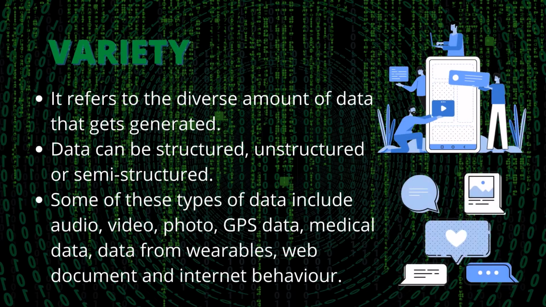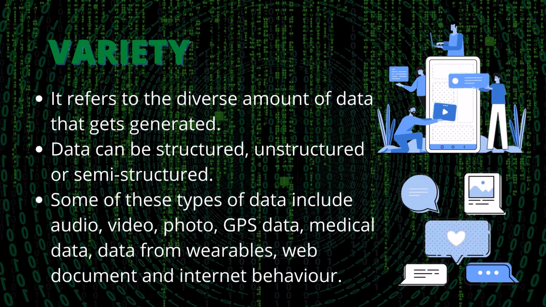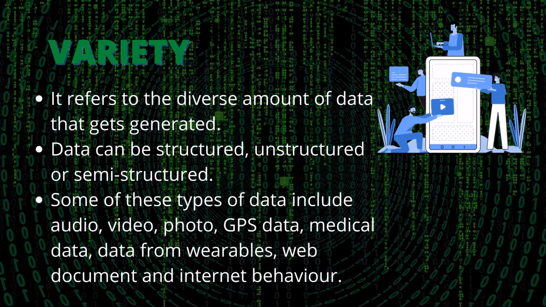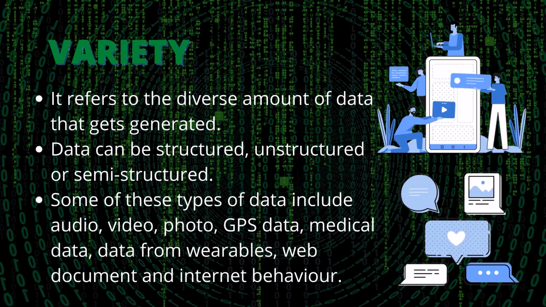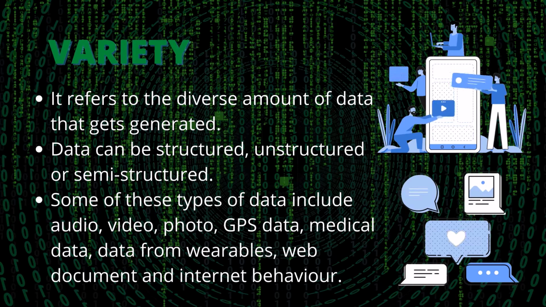Variety. Variety refers to the diverse amount of data that gets generated. The generated data can be in form of structured, unstructured or semi-structured data type. Organizing and storing this data in a meaningful way can be very difficult. Some of these types of data include audio, video, photo, GPS data, medical data, data from wearables, instrument measurements, web document, and internet behavior.